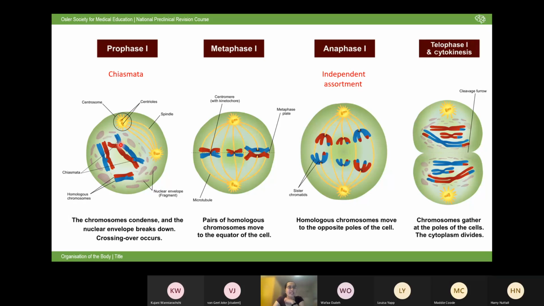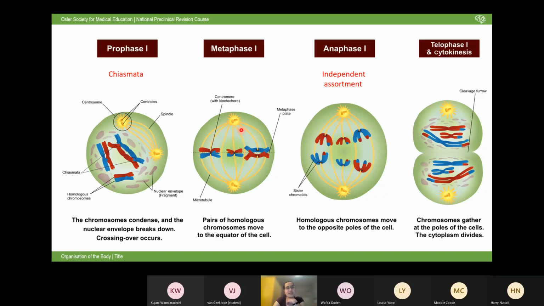When they get close together, there's then crossing over where the same gene, so we'll say gene 5 on the paternal and the maternal, are so close together that then when they eventually get pulled apart, the paternal gene 4 is put onto the maternal gene 4, and the maternal gene 4 is put onto the paternal gene 4. And so it's like swapped over. So that's how some of the genetic diversity gets produced.